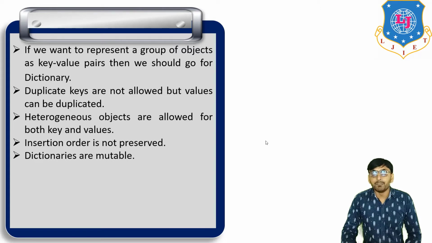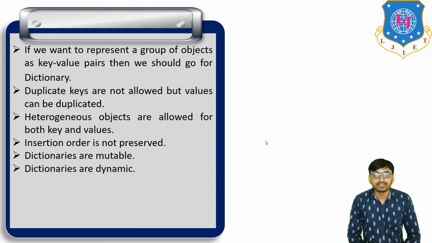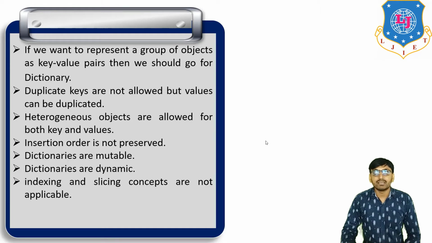Dictionaries are mutable, which means we can change the elements of a dictionary. Dictionaries are dynamic, which means we can increase or decrease the length of a dictionary. Indexing and slicing concepts are not applicable in a dictionary.